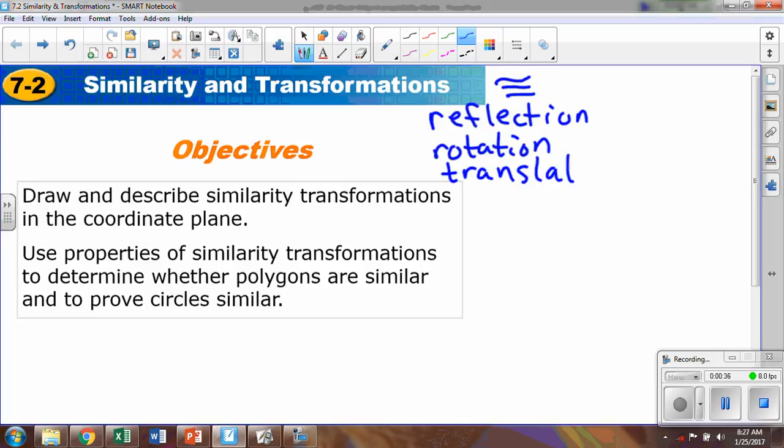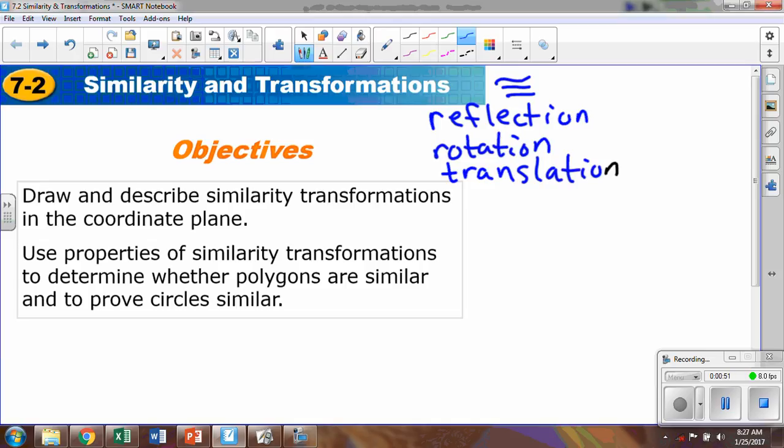We saw that these three rigid motions do not change a shape's size, and they don't change an object's shape. They just move it around without changing it.